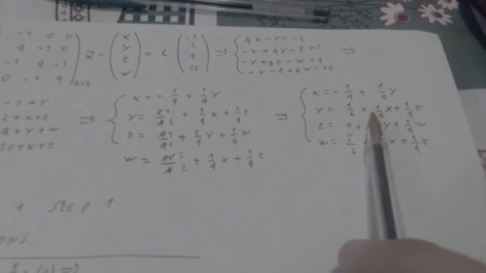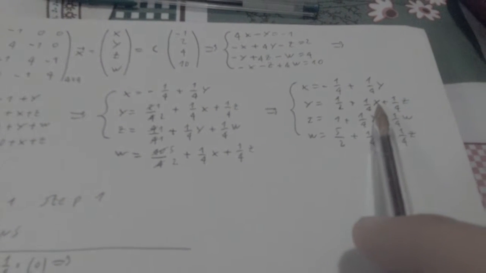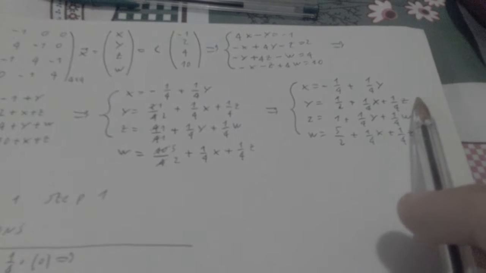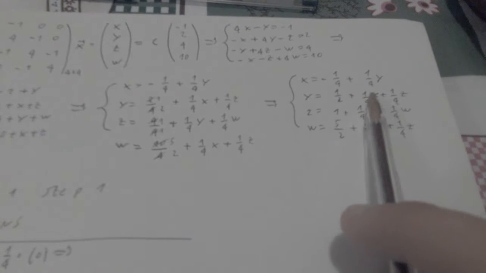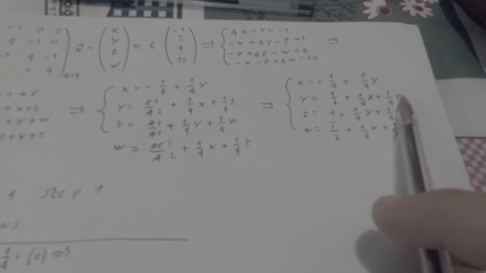The equation of y is 1/2, which is a scalar, plus 1 over 4 x, so it's dependent on x, plus 1 over 4 z, so it's dependent on z. I'm going to use x, the newly found value, and z, the one from our initial guess.